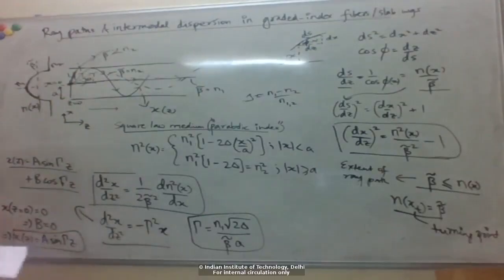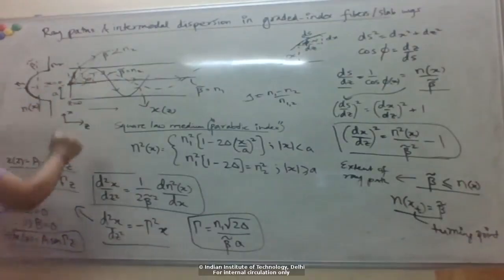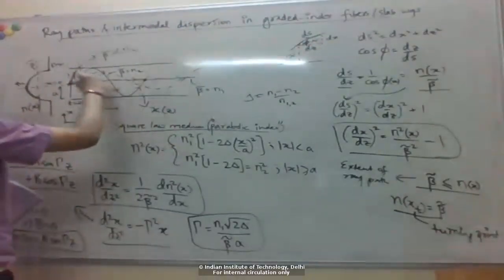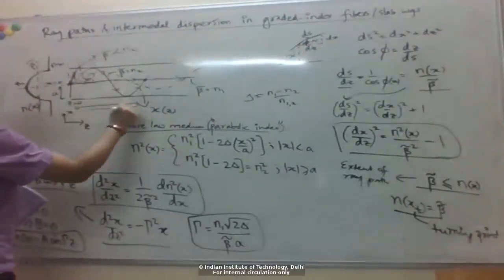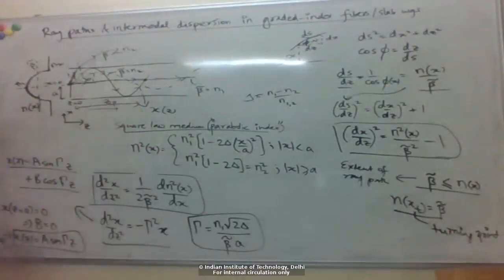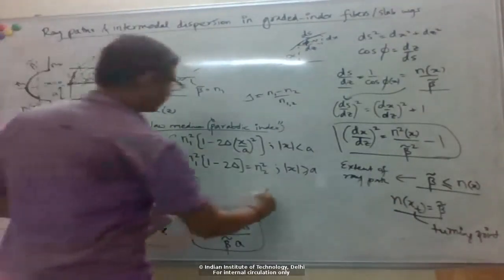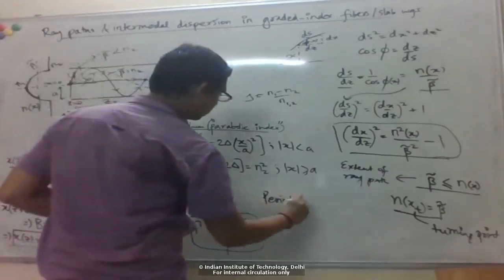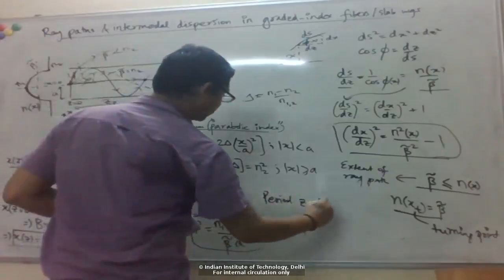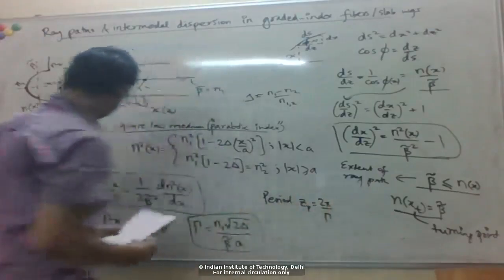Okay, so what is this period here, right? So the ray path repeats itself after period zp, right? So that period zp is basically 2 pi over gamma, right?